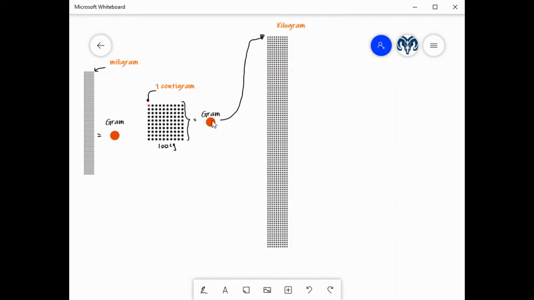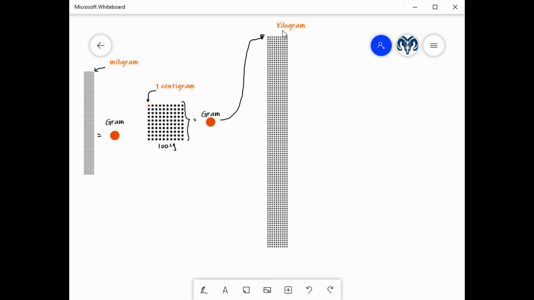It's 1,000 grams. So it's different, right? Each one of these dots over here for milligram, each of those is a milligram. It takes 1,000 milligrams to equal a gram. Here I've got 1 gram, and on the right-hand side I'm going to move that so each dot is a gram.